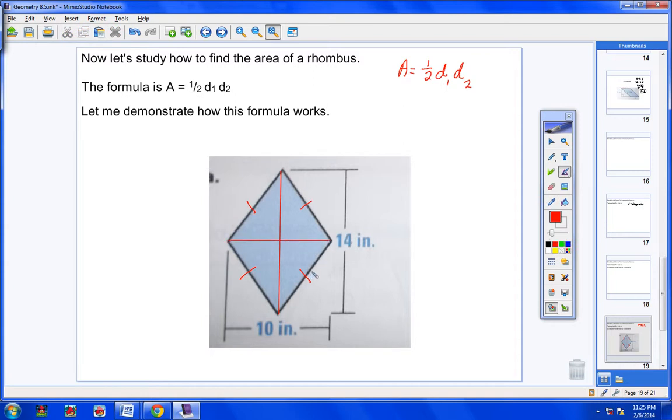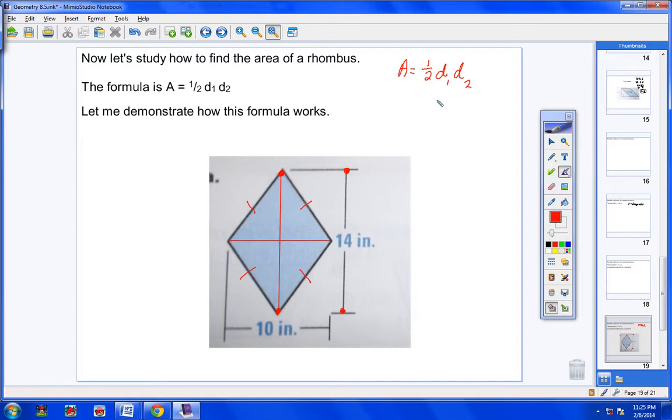Now, man, I wish I knew the measurements or how long these diagonals were. If I just knew how long those diagonals were, I could find the area. Well, hold it. Look outside the rhombus here. Don't you see they tell you that the length of this line from here to here is what? 14? Well, that means the length of this line here, my diagonal, all the way down to here, has a length of how much? 14. Sure.